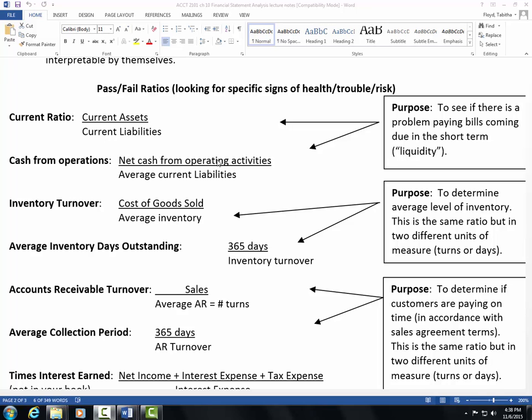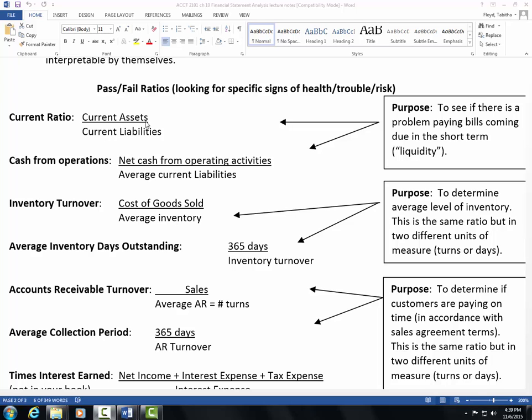So this numerator looks at only the cash from operating activities, and then you use your average current liabilities as the denominator. So this measures is the company going to be able to pay its bills from the cash flow that it has from its operating activities. And that's an important measure because the current ratio uses current assets, but you know current assets includes more things than just cash, right?